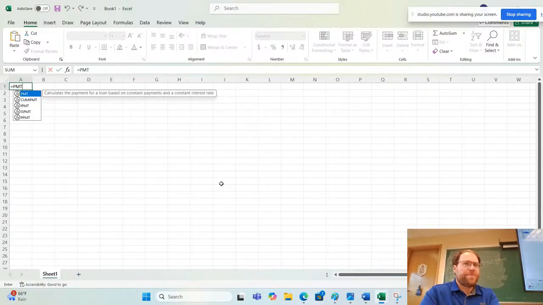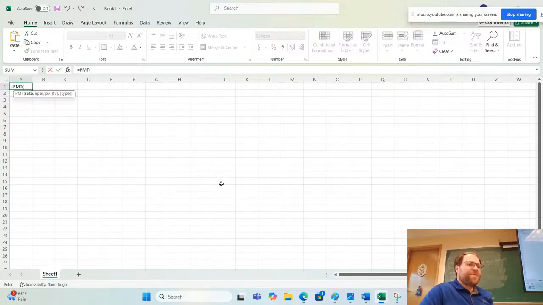So equals PMT. The rate in that was what, 6.53%? So 0.0653. How often is it compounding?